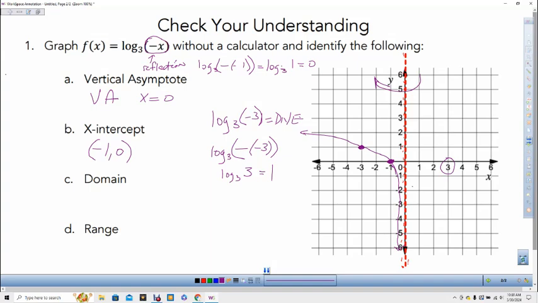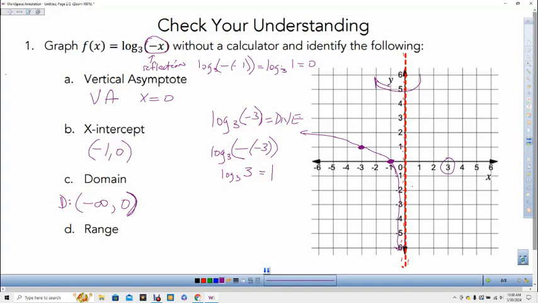So what is the domain? Well, the domain, remember, are all the x values that you can plug in and get valid y values out. So that's going to start way over here at -infinity, and it's going to increase and go all the way up to 0, but it does not equal 0, because if it hits that vertical asymptote, you're going to get issues.